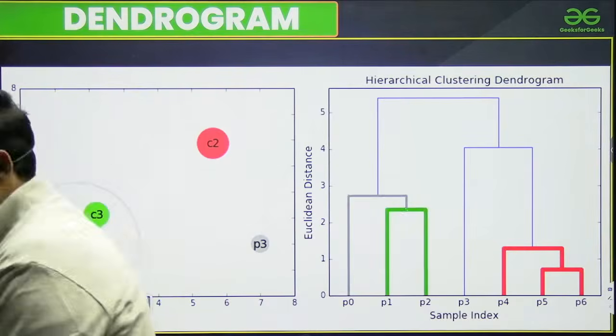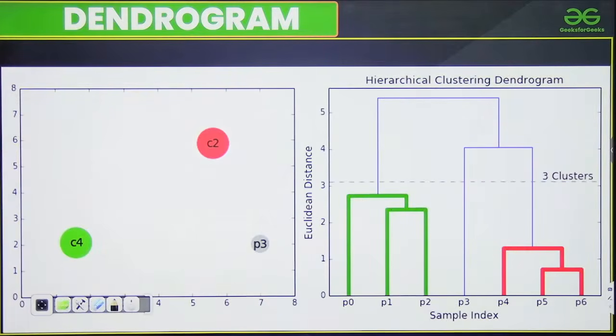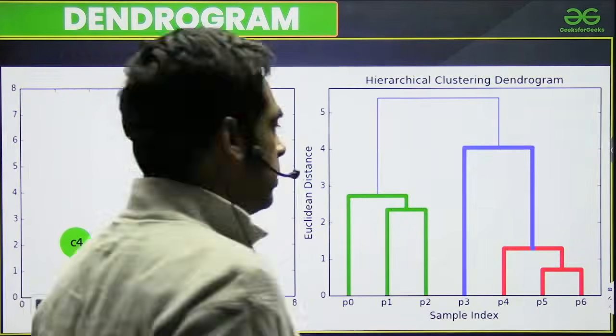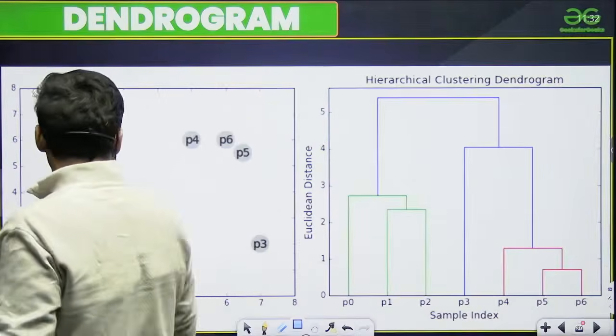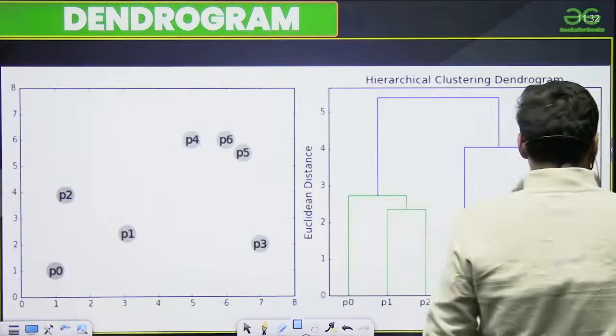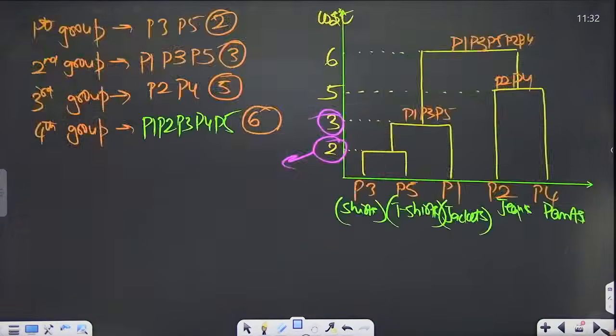Now I'll take one question of average linkage, and let us start with that question.